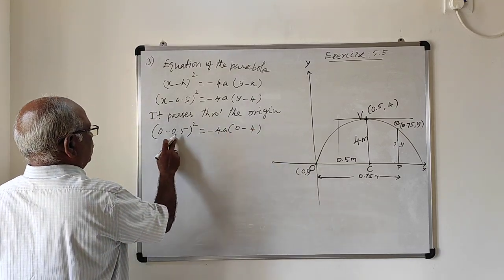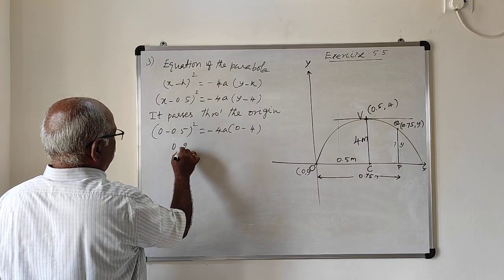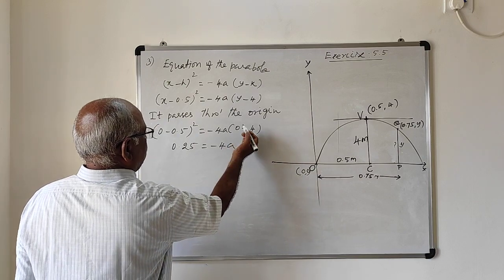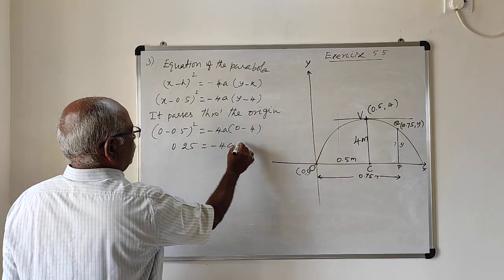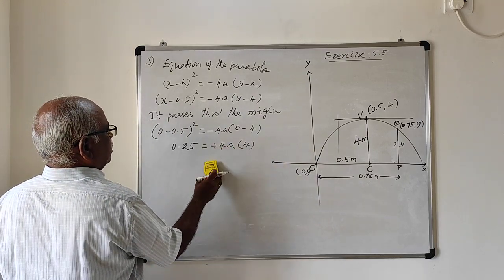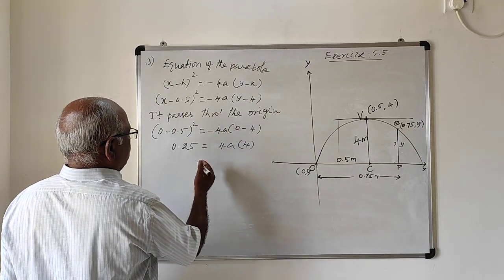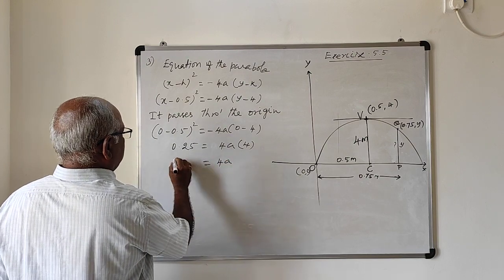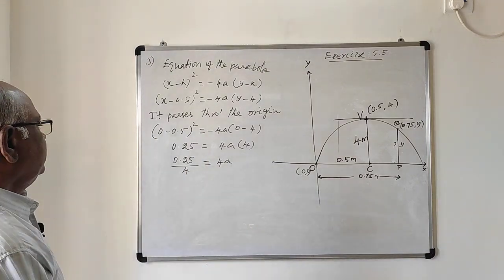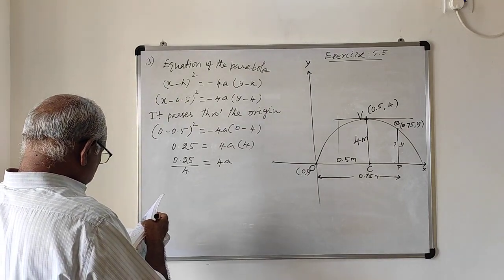On squaring, you get 0.25 equal to minus 4a into minus 4, which is plus 16a... that is, minus into minus is plus. Therefore 4a equals 0.25 by 4. This is the value of 4a.